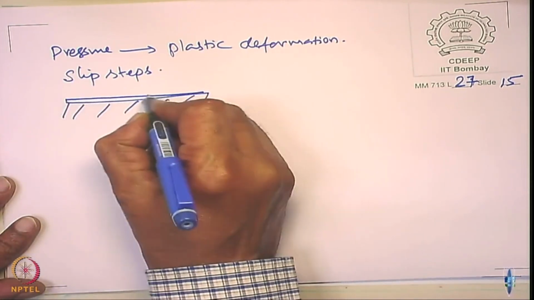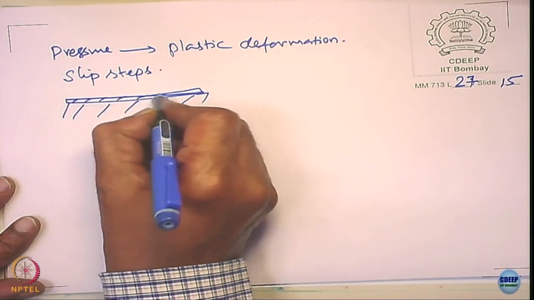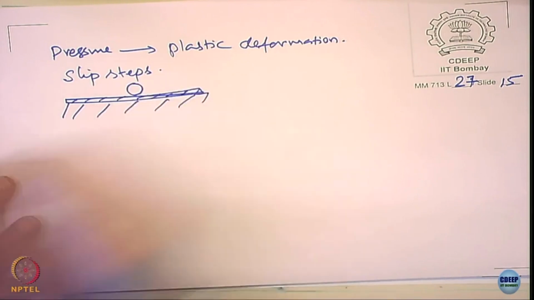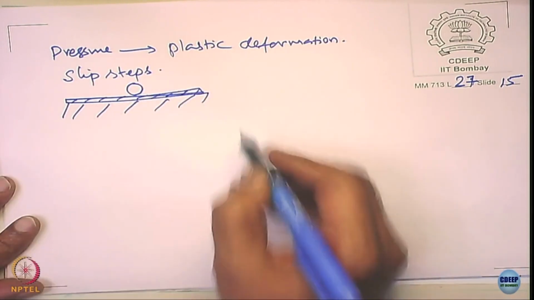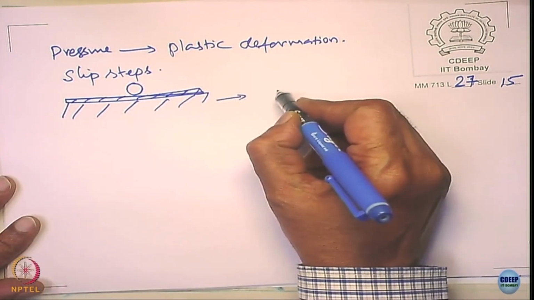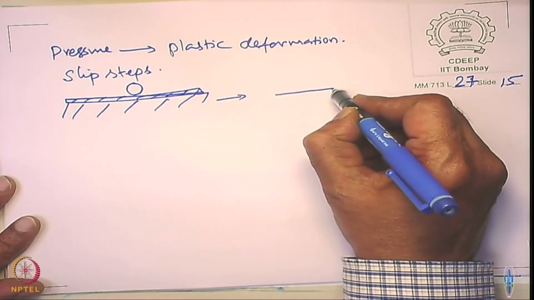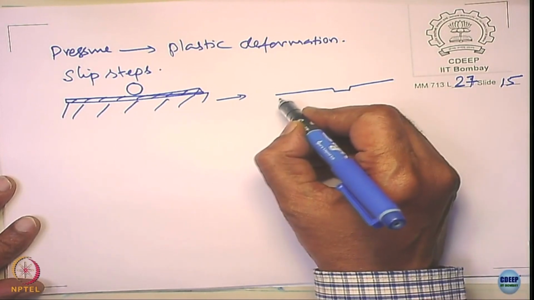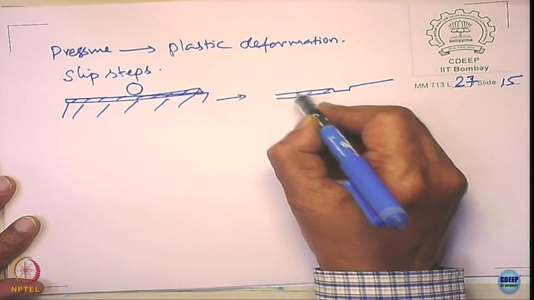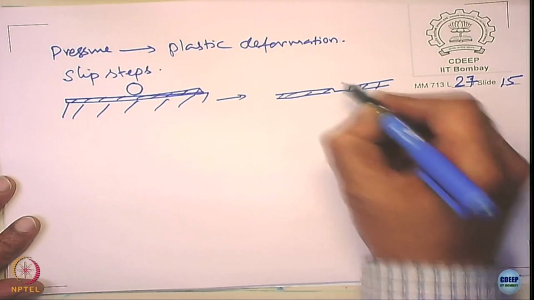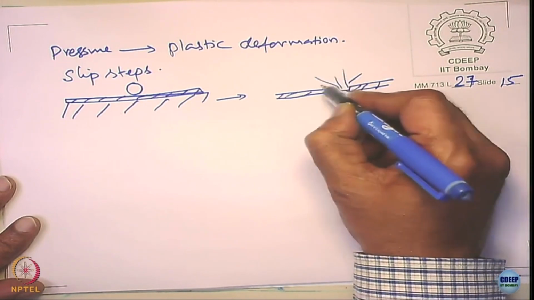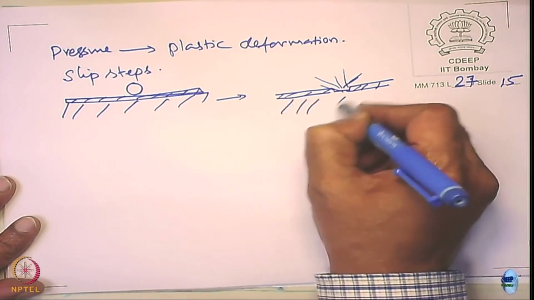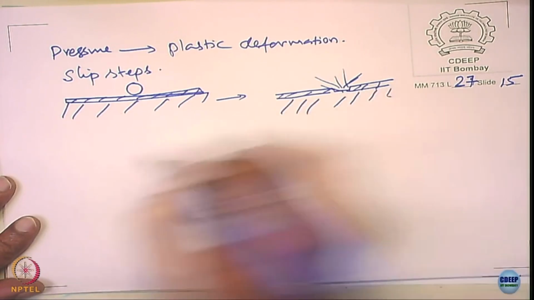All the metals are covered with some oxides, right? Like this, a bubble forms here. When you increase the pressure, what happens? The bubble implodes, and this gets damaged.